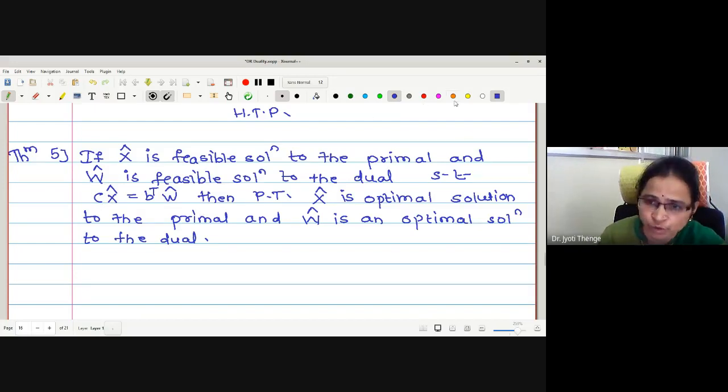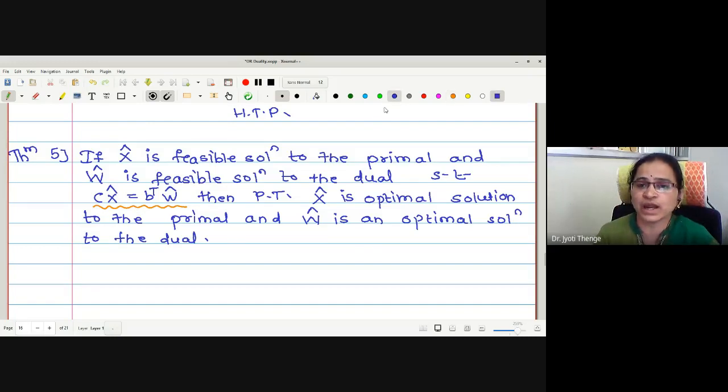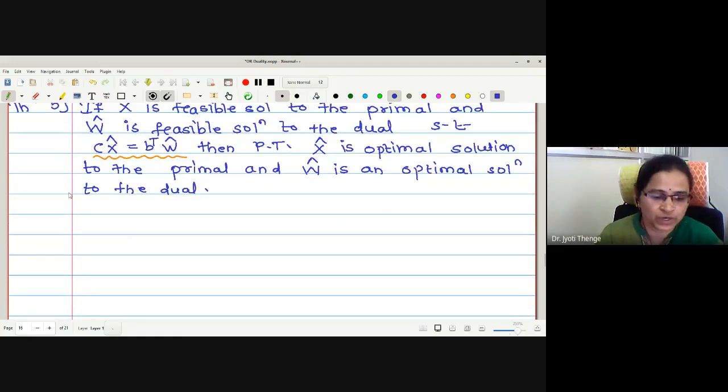So this condition is important: Cx cap equals B transpose W cap. What does this give us? It gives us that the value of the objective function for both problems is the same. Then our aim is to prove that x cap is an optimal solution for the primal and W cap is an optimal solution to the dual.